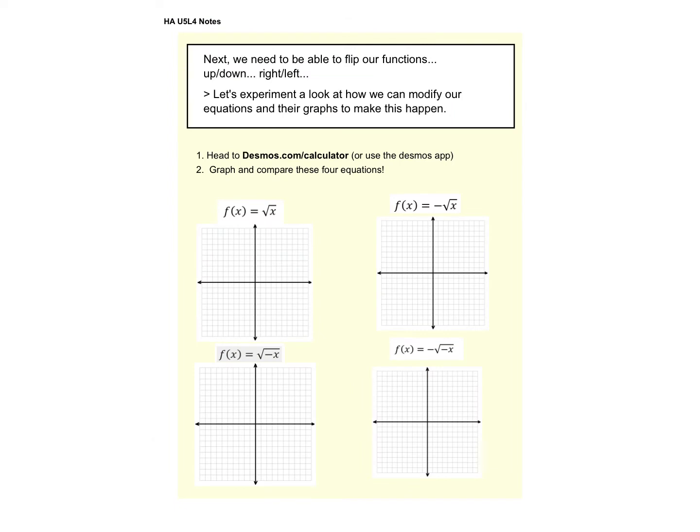So what I'd like you to do is take a look at how these equations can flip our functions. There's two different directions our functions could flip or reflect. They could reflect up and down, vertically, or they could reflect horizontally, left and right. So let's experiment and look at how we can modify the equations and their graphs to make this happen.